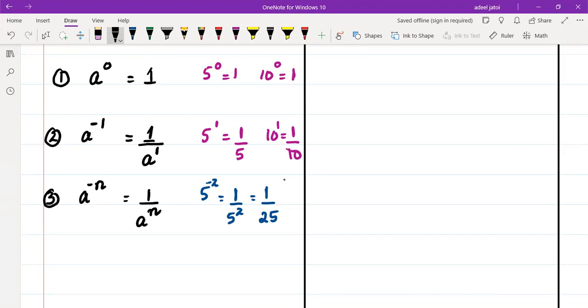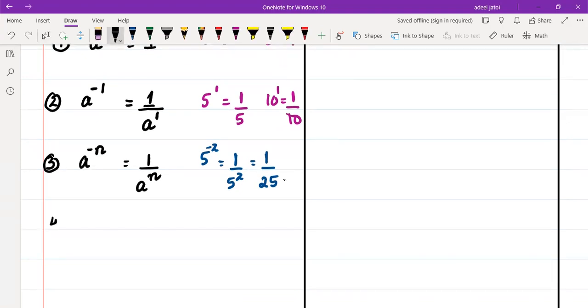Similarly, rule number 4. If we have a to the power 1 upon n, that means this should be the n-th root of a. That means whatever is in the denominator of the power will be before the root.